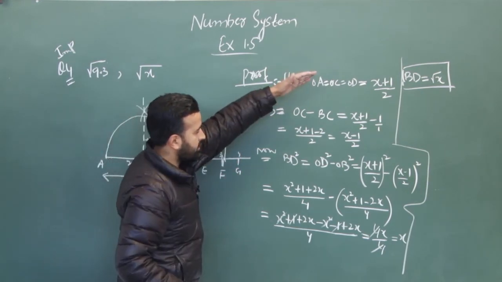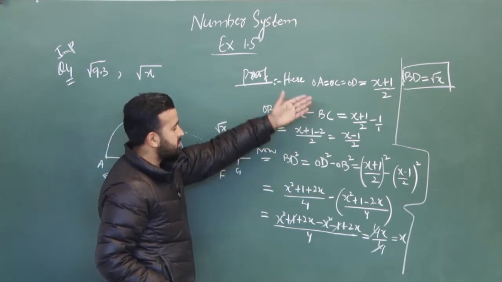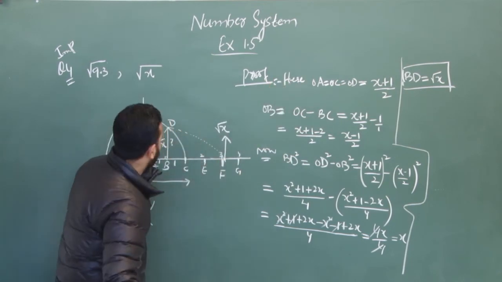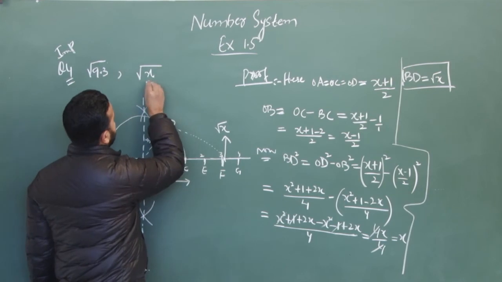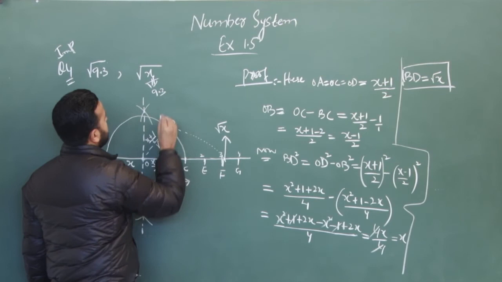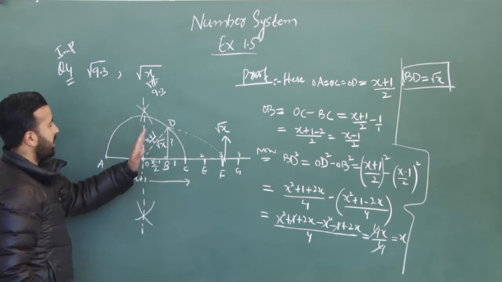Similarly, you can follow the same mathematical proof in case of root of x. Now simply you have to replace x with 9.3, and then in this way we can represent this on the number line.